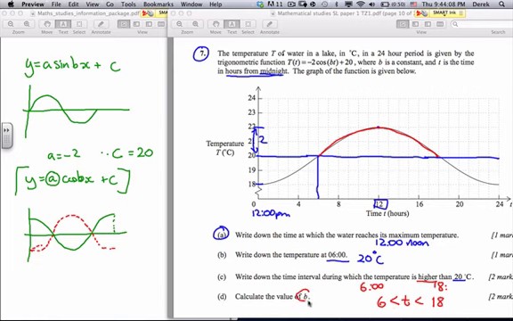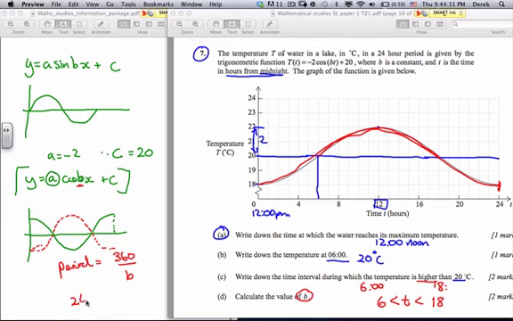When it's equal to, then that's actually when it's equal to 20. But this would be greater than, because then we're going to have higher. And then calculate the value of B. Now, the period is given by 360 divided by B. The period is for one complete cycle. So we see there's a complete cycle in 24 hours.